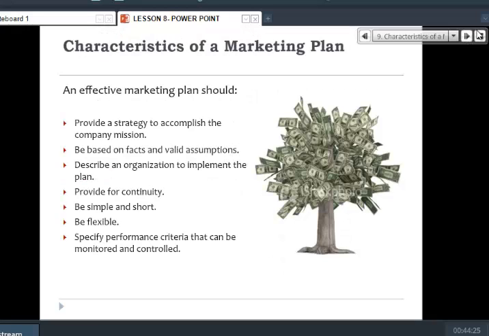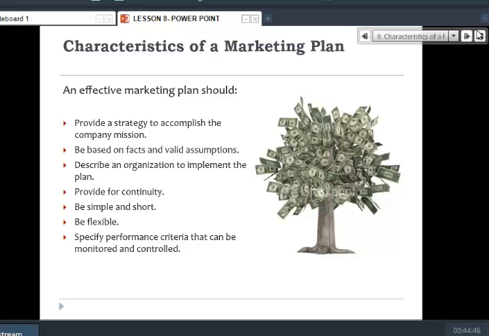What are the characteristics of the marketing plan? Any marketing plan must have features, must have characteristics. An efficient marketing plan should have the following characteristics. Provide a strategy to accomplish the company mission.